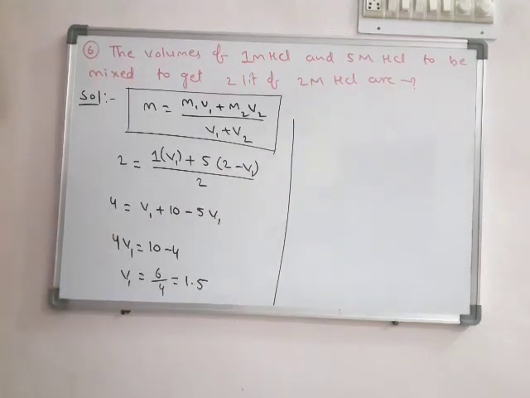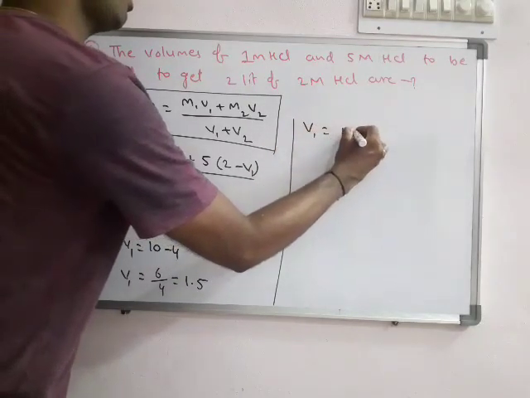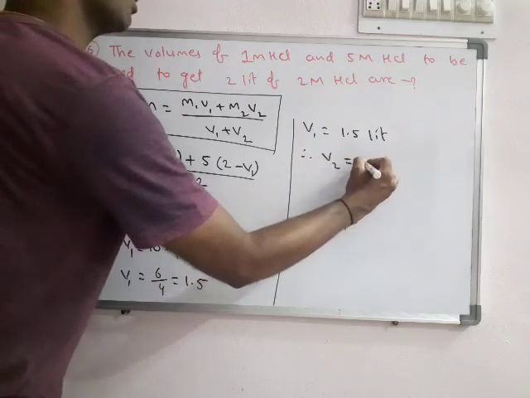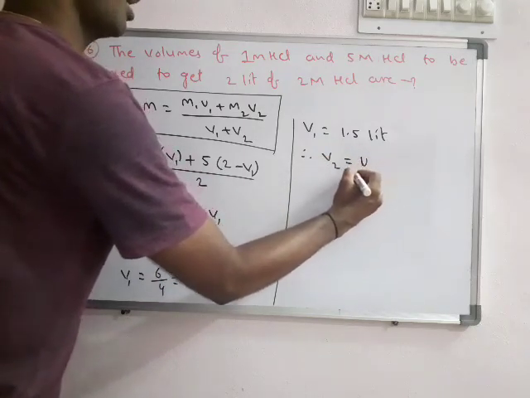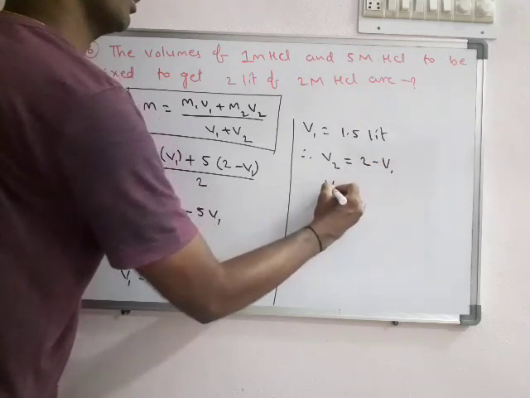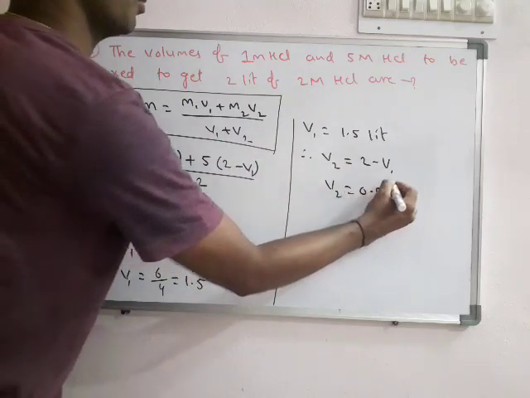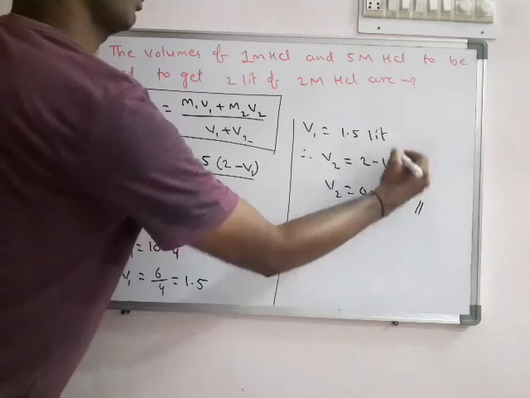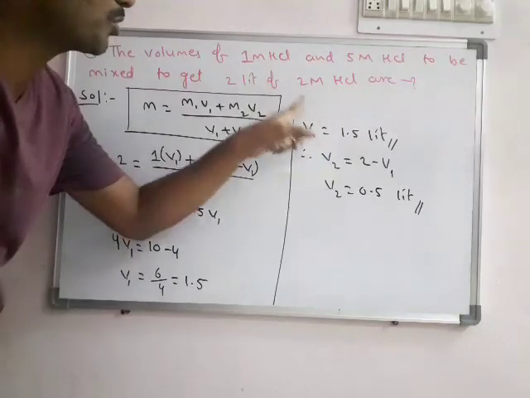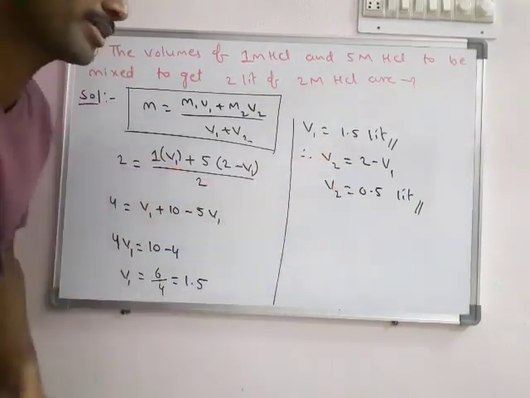So what is V2? V1 equals 1.5 liters, therefore V2 equals 2 minus V1, because our combination will get 2 liters. So it means 0.5 liter. So 1 M HCl solution is 1.5 liter, and 5 M HCl is 0.5 liter.